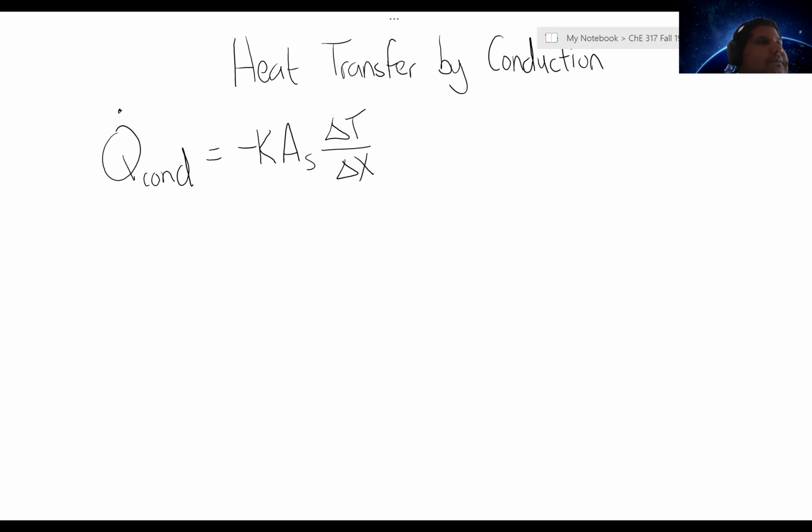However, we see slight variations in this when we look at cylindrical systems.